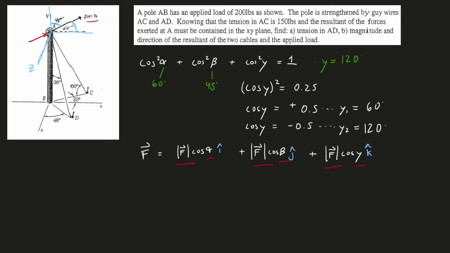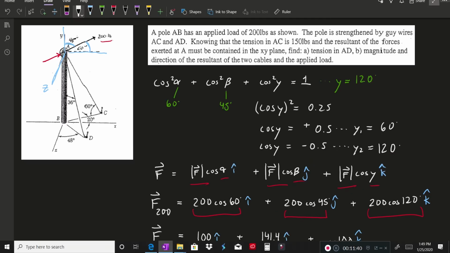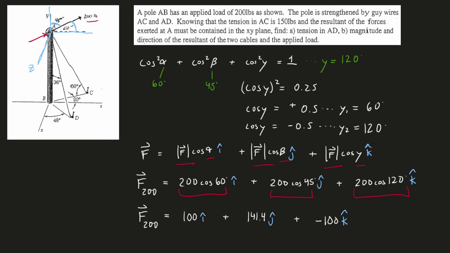So let's just write this out for this 200-pound force vector. And of course, we can just crunch each of these into one number. So let's do that. We're getting 100 for the i, 141.4 for the j, and a negative 100 for the k.